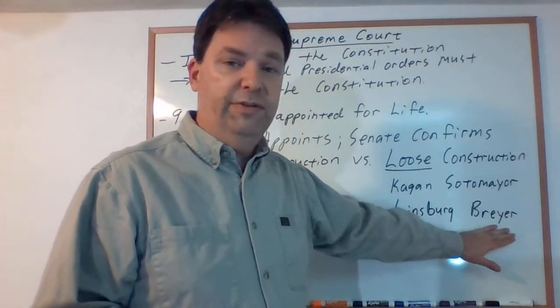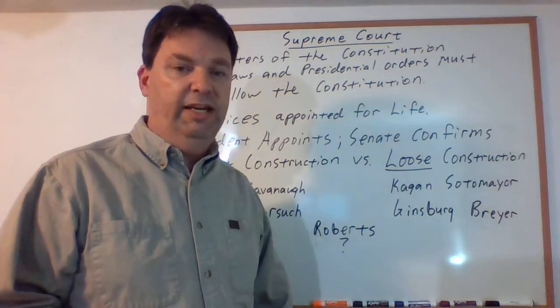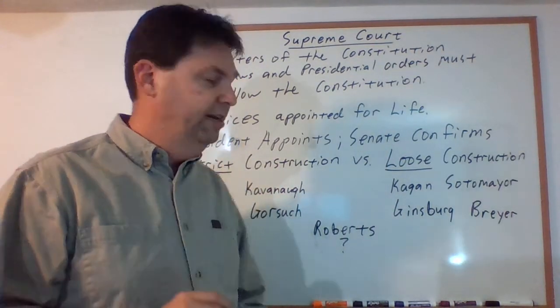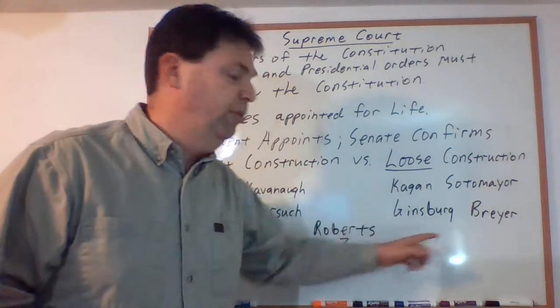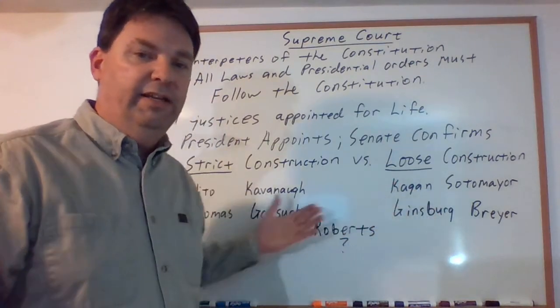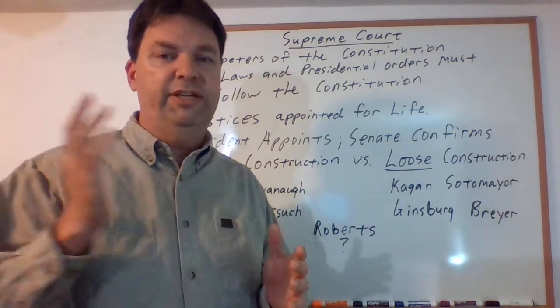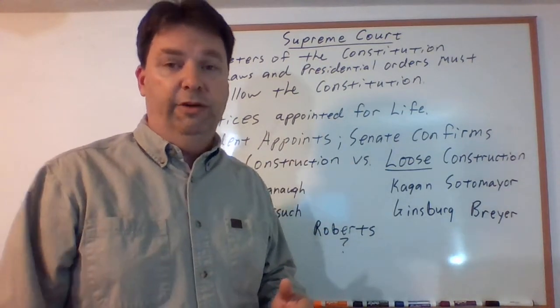Breyer has also said that he is going to step down because he is feeling too old, and so if Trump's elected again, he'll have the opportunity to appoint 4 Supreme Court justices, and most likely they will all be over here, and that will set the tone for strict constructionist interpretation for the next 30 years on the courts.